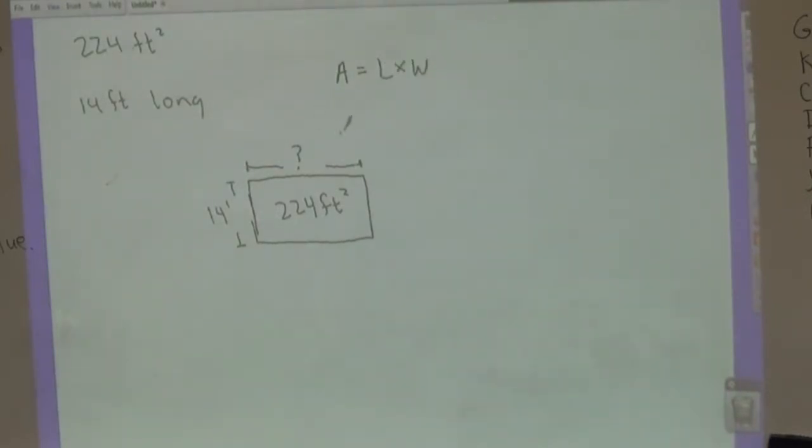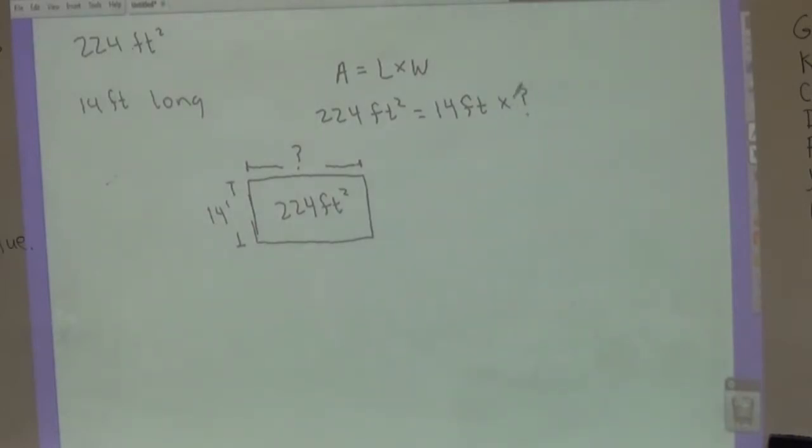Now this goes back to algebraic thinking, something I'm going to repeat over and over. Anything you do on one side of an equation, you have to also do on the other side of the equation. So in this equation, our area is 224 square feet. It is equal to the length of 14 feet times the width that is unknown.